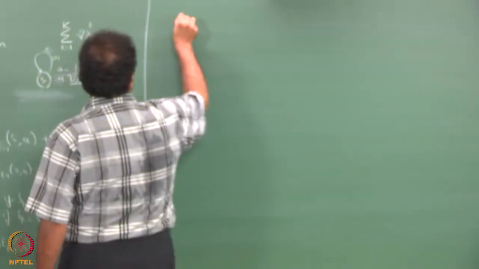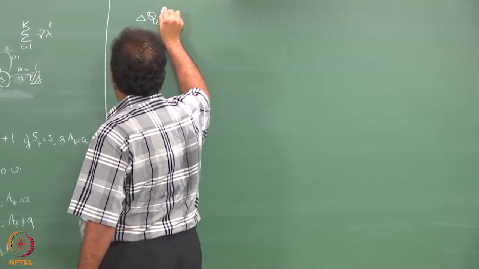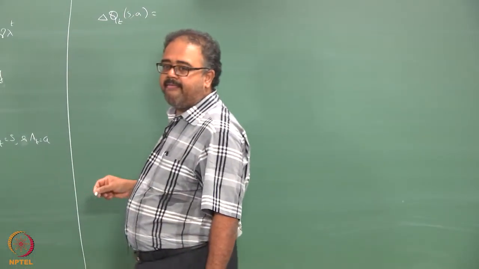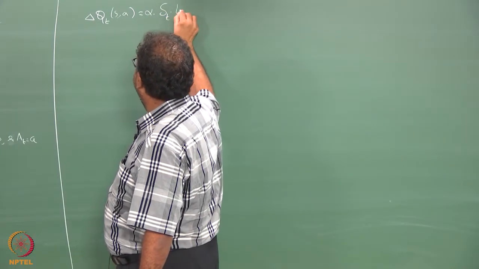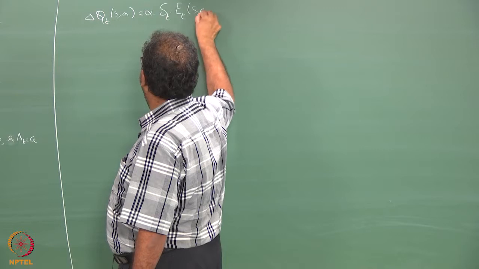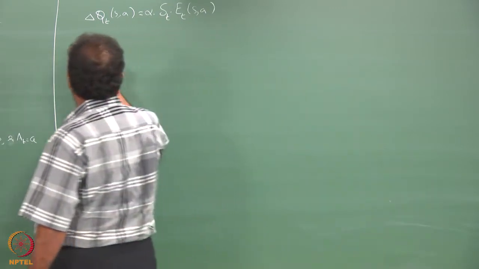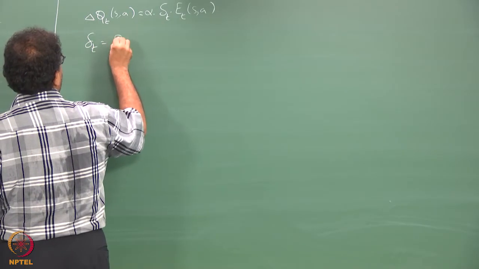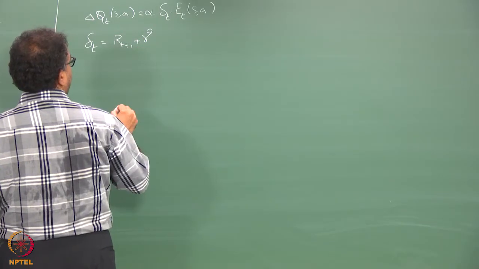And once you have this E_t, what you do, your delta Q_t(s,a) will be some alpha times delta_t into E_t(s,a), where delta_t is equal to what?